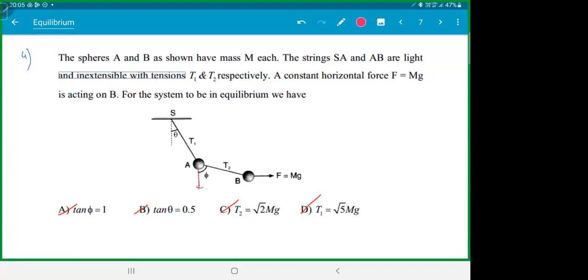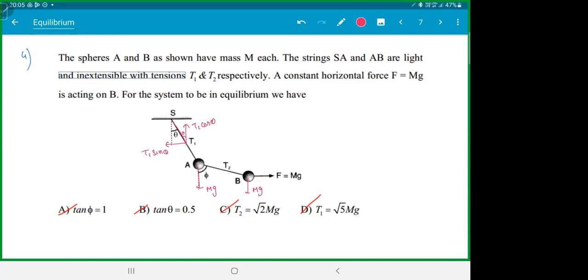See, here the idea is this. This is mg, this is mg. Everyone agreed? Now look at T1 here. If you look at this, the vertical component is T1 cos theta. So this is theta. T1 cos theta, and this is T1 sin theta.